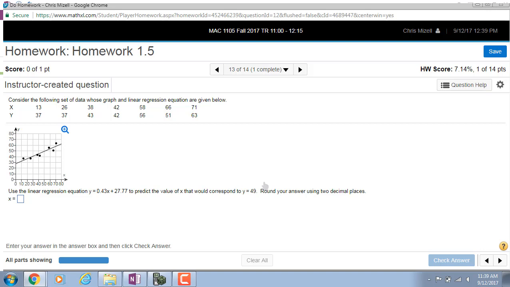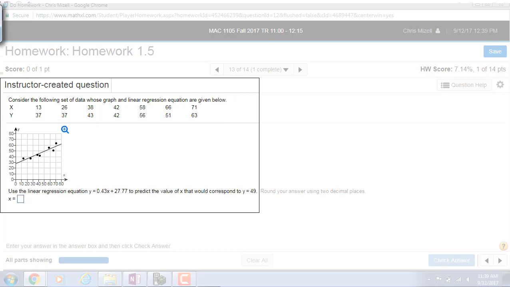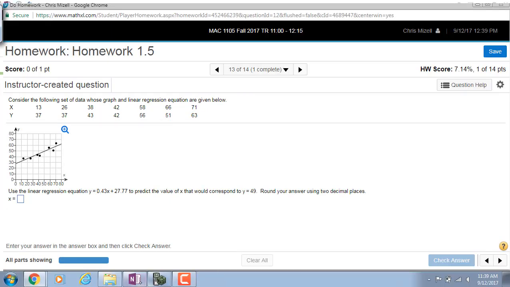What you do need to do, though, is take the value y equals 49 and ask yourself, if we're trusting this linear regression equation, what value of x would go with that so that that would be a point that's pretty close to being, in fact, exactly on this straight line. So it amounts to substituting 49 for y and then solving the equation for x, and then rounding to 2 decimal places.